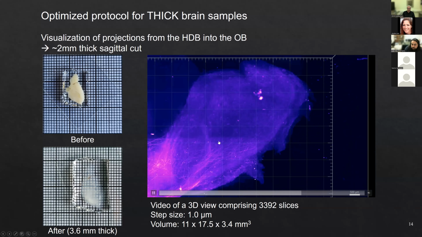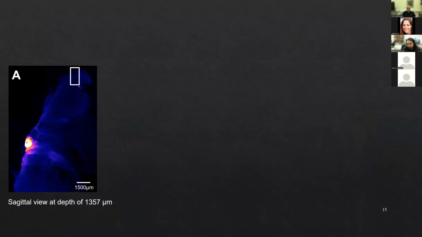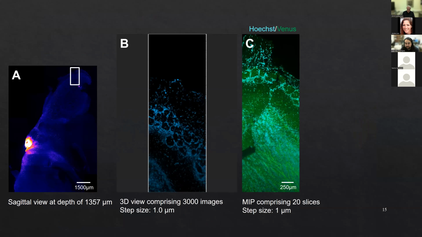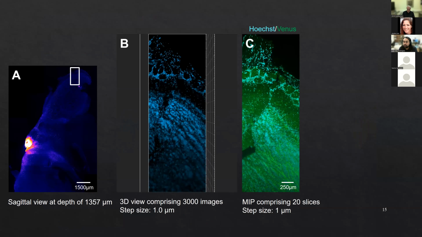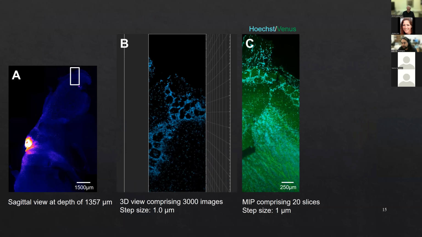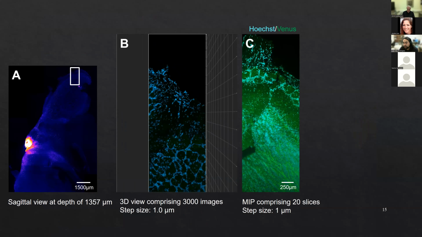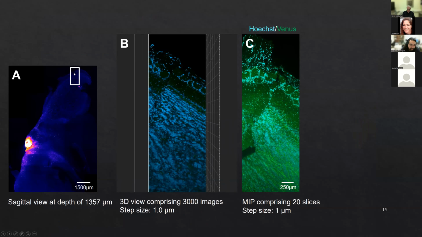What is nice about this technique, this optimized protocol, is that we are able to retain the GFP fluorescent proteins. So we don't need to do an antibody stain. And that's really, really good, as we can see here in this video.